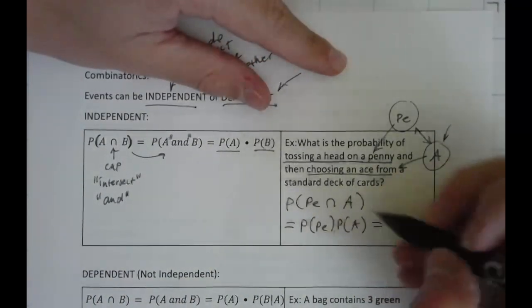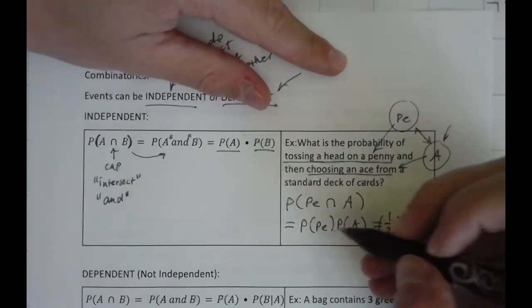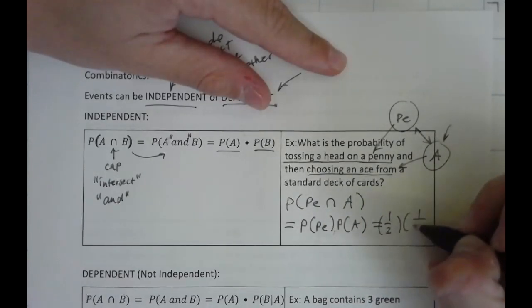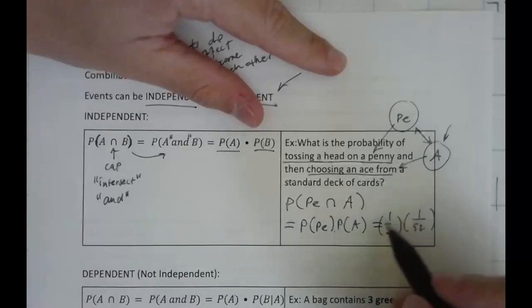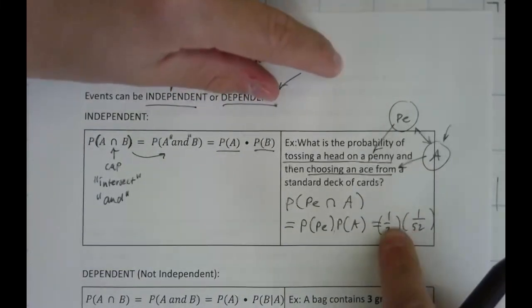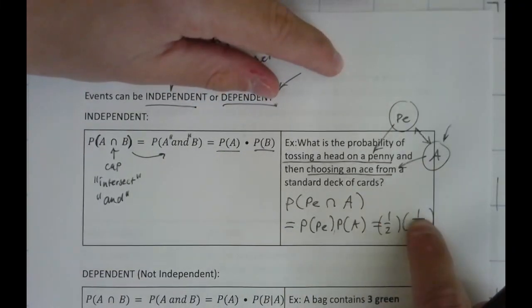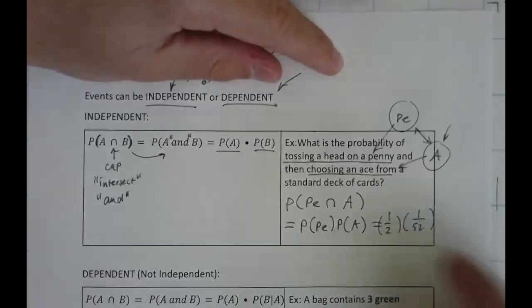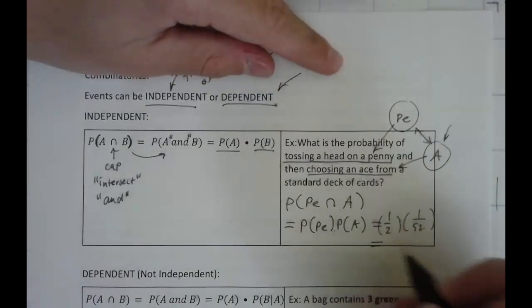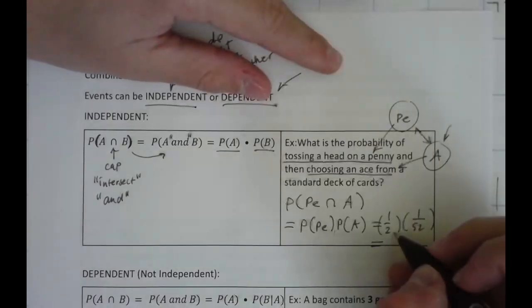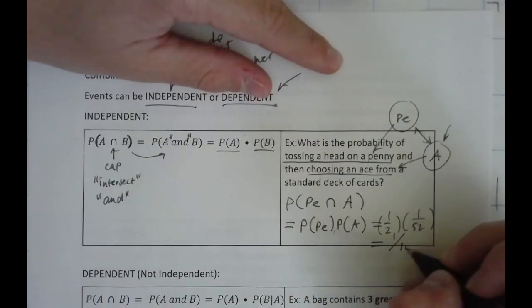The probability you flip a head is 1/2, but the probability you draw an ace is 1 in 52. Remember, when you're multiplying fractions, it's just numerator times numerator, denominator times denominator, top times top, bottom times bottom, for 1 over 104.